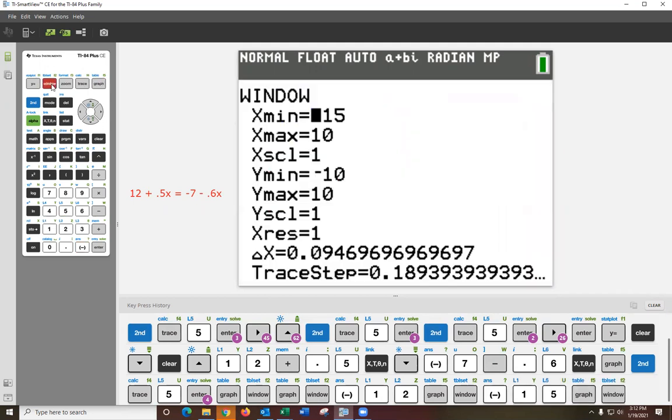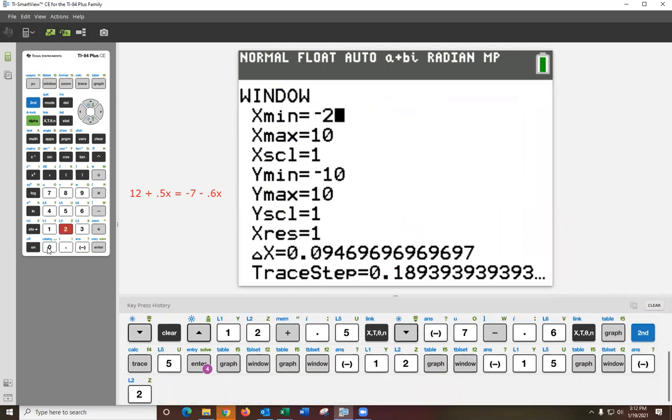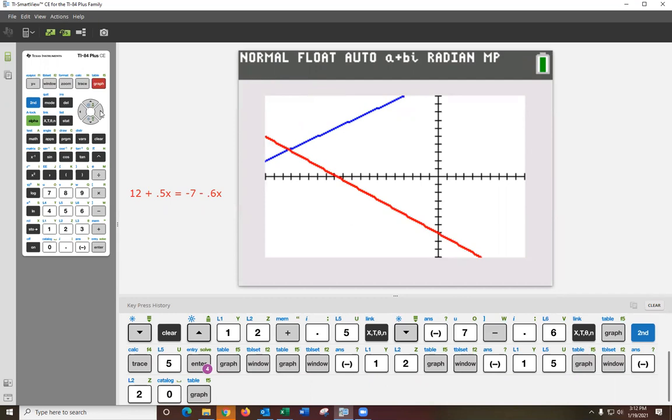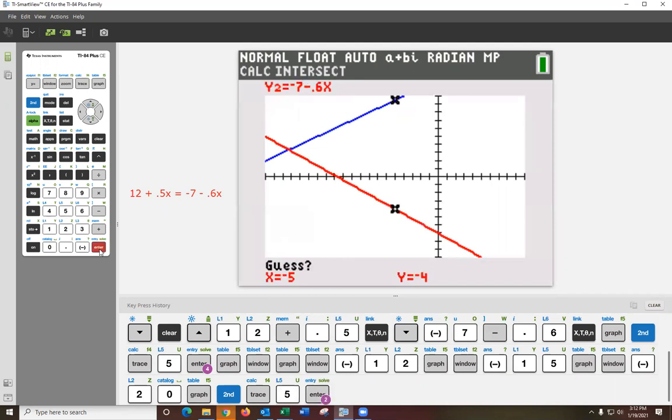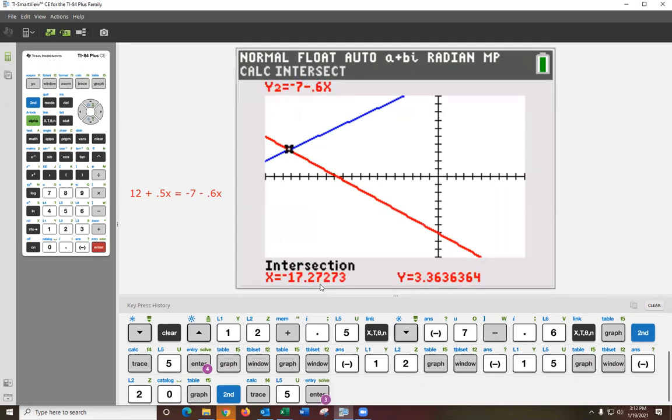Nope. All right, I'm going to just go for the gold. -20. Aha, there it is. So second trace 5, enter, enter, enter, and -17.27 repeated, so -17.2727.